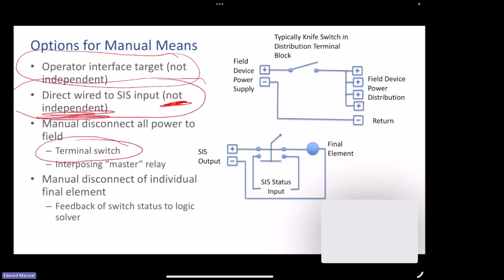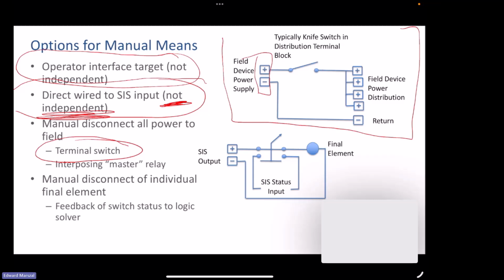If you look at this figure up on the top, this is a typical distribution of power to the field. You have a power supply with a positive and negative terminal, and that one power supply is going to supply all the power to the field.